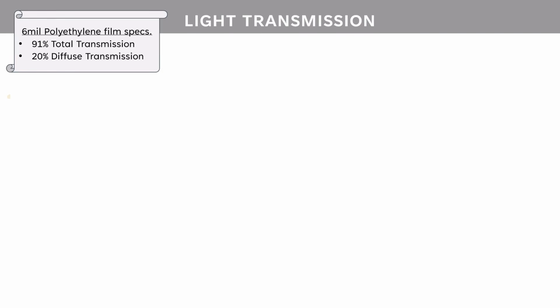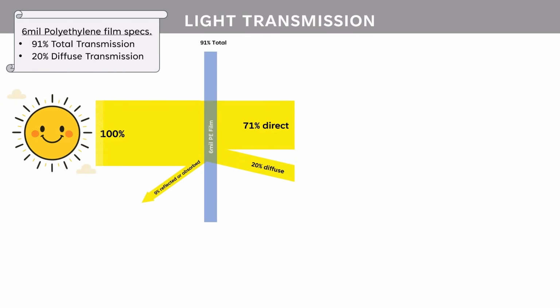The standard 6mm polyethylene film has 91% transmission, that sounds like a big number, and 20% diffuse transmission. Okay, great. These are measured with the light hitting the film at 90 degrees. We lose 9% to reflection or absorption, and 71% continues in a straight path, and 20% goes all wacky at other angles.